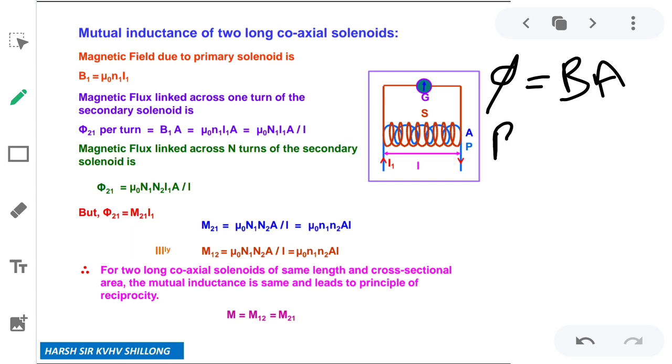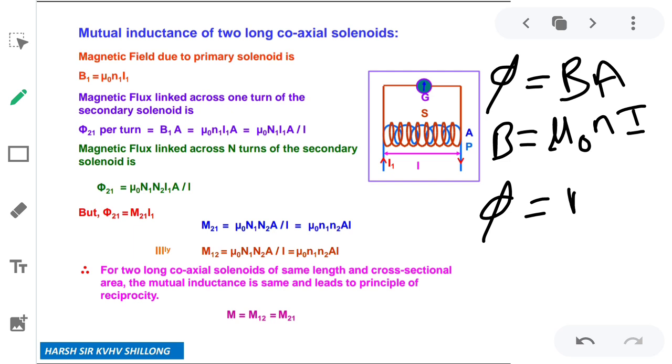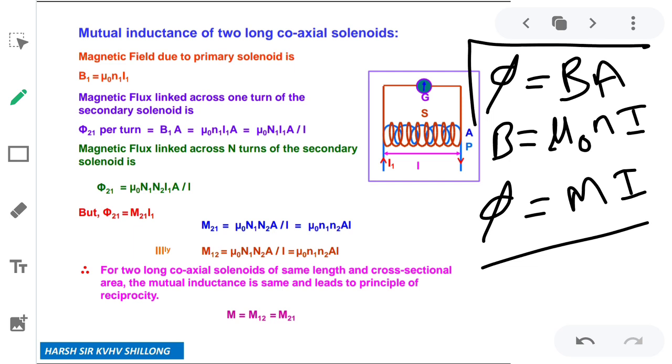Second, for the solenoid B is equal to mu naught n I. And third, phi is equal to L i if you are doing self-inductance, and here for mutual inductance, M i. These 3 formulas in combination will give the answer of M or L, always remember. If it's self, there is no confusion of 1 and 2.